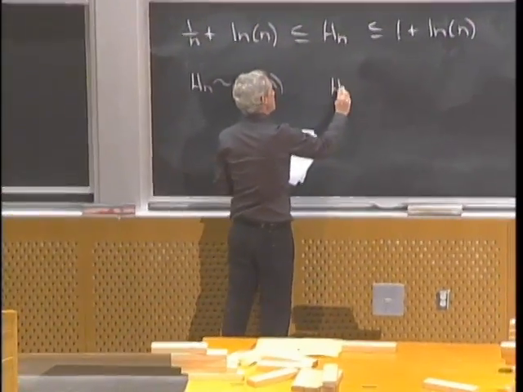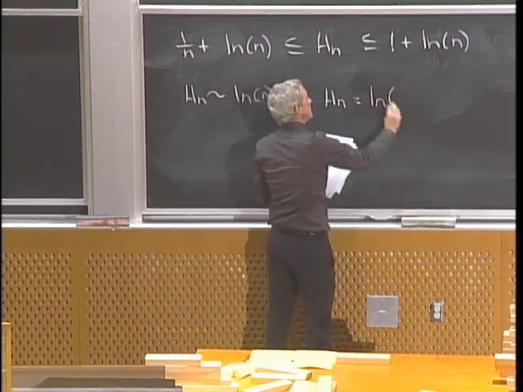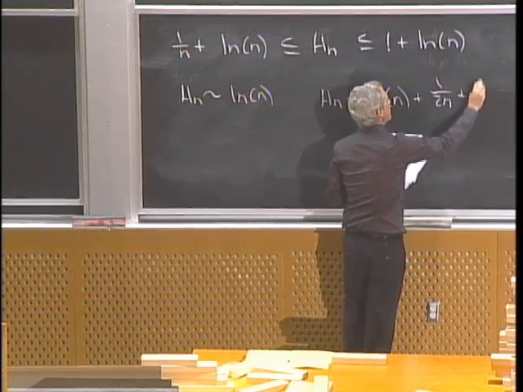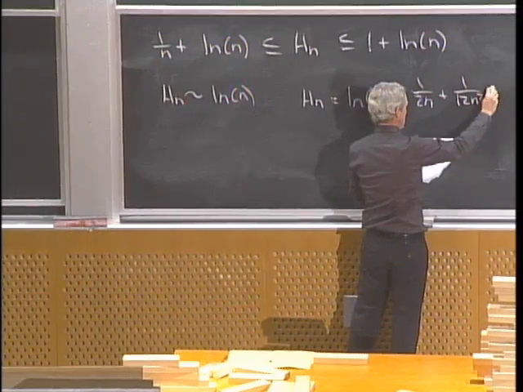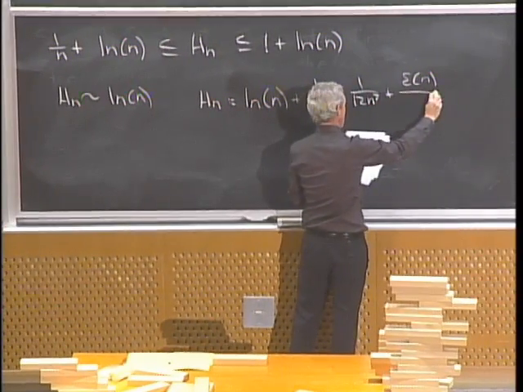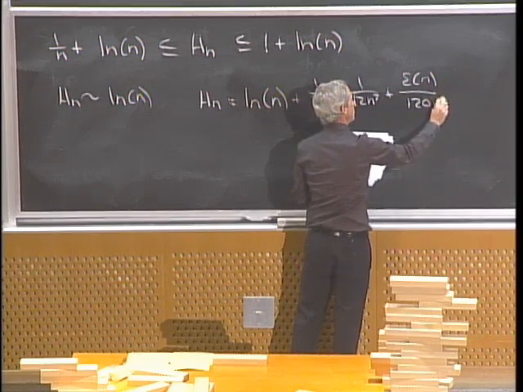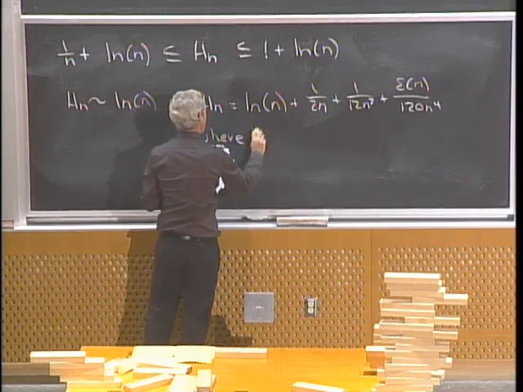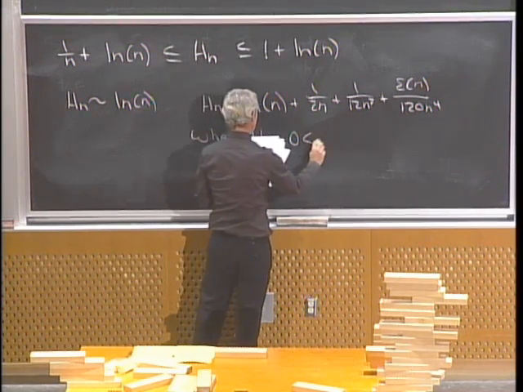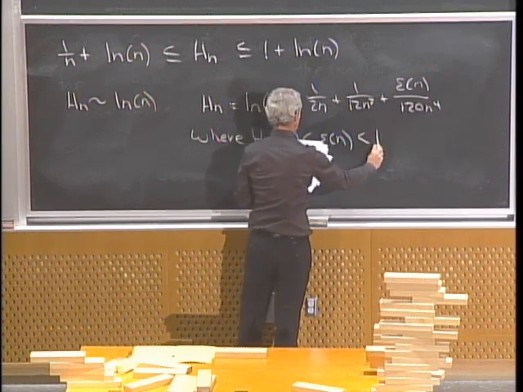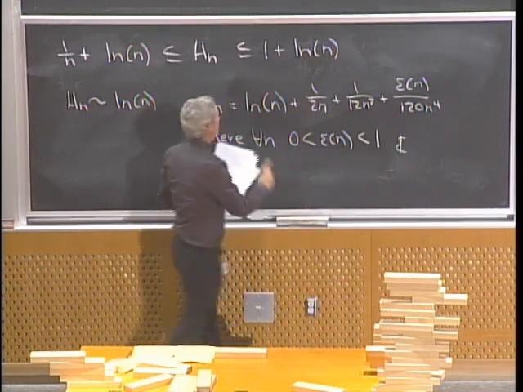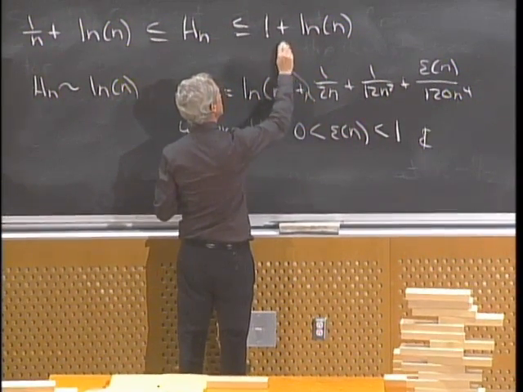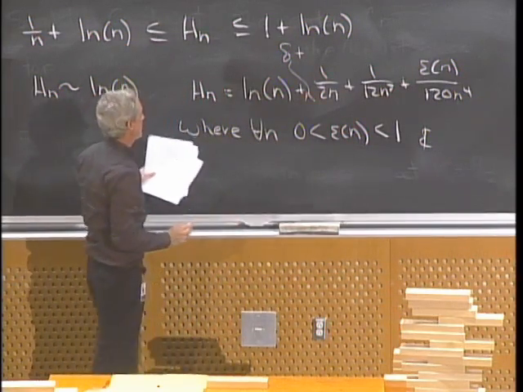And in fact, it's now known that it's the natural log of n plus 1 over 2n plus 1 over 12n squared plus epsilon of n over 120 n to the 4th, where for all n, epsilon n is between 0 and 1. Oh, and I left one piece out. Actually, there's a constant term in here, delta, that's called Euler's constant.